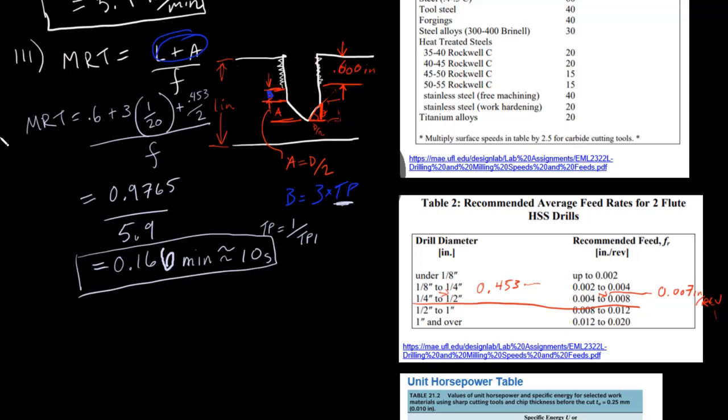Okay, so now that we have our MRT, we can figure out our material removal rate. So MRR is equal to, well, you can calculate it two ways. I'll show you a different way here. So if this is our time, we can just figure out our material removal.